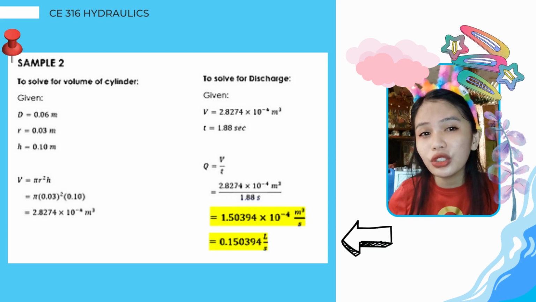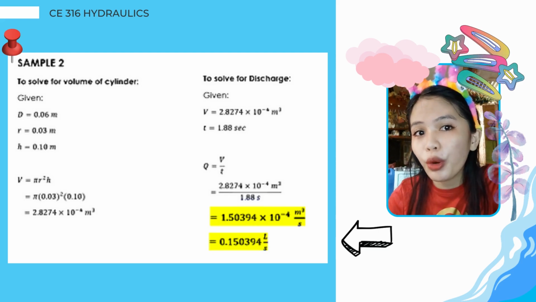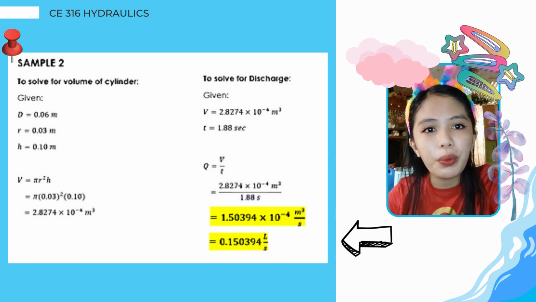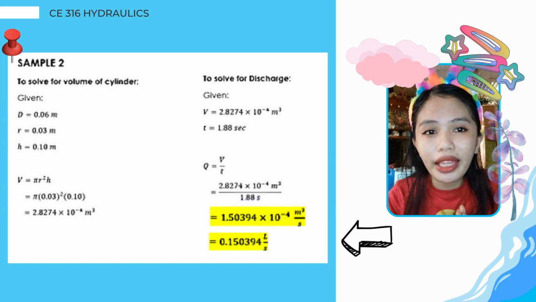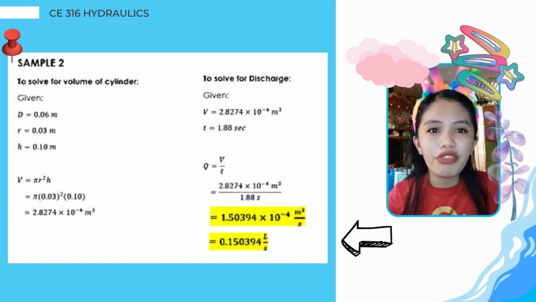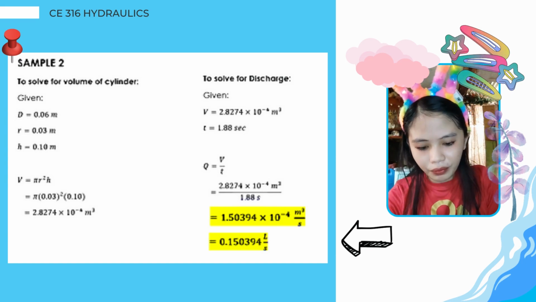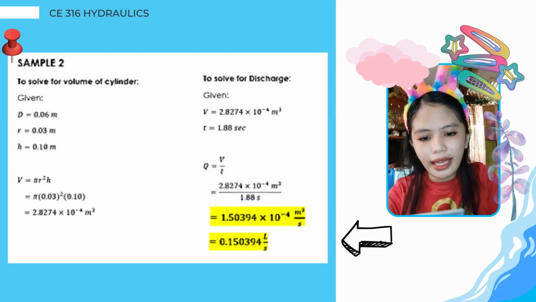Since we still use the same glass for sample 1, the volume is still the same: 2.8274 times 10 to the negative 4 meters cubed. In the retrieval of sample 2, we tabulated 1.88 seconds in time, so it's going to be 2.8274 times 10 to the negative 4 over 1.88.